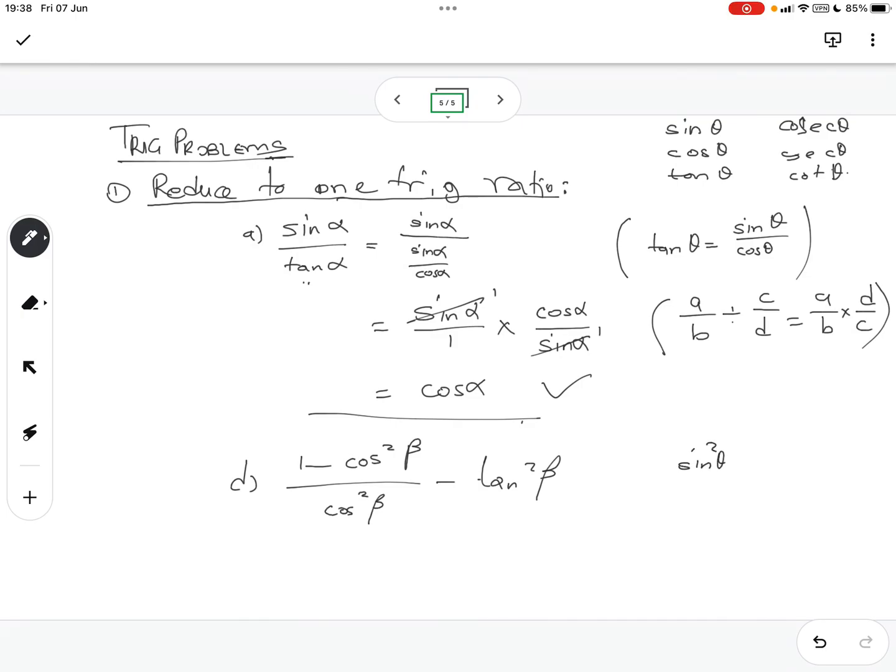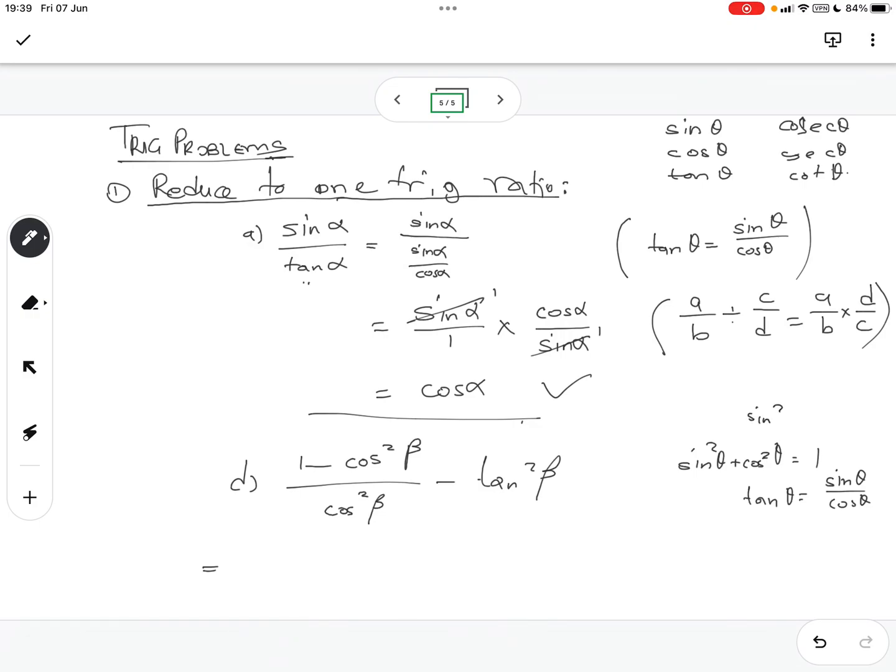Remember, we've got square identity and quotient identity. Square identity is sine squared theta plus cos squared theta equals 1. And also quotient identity is sine theta over cos theta.